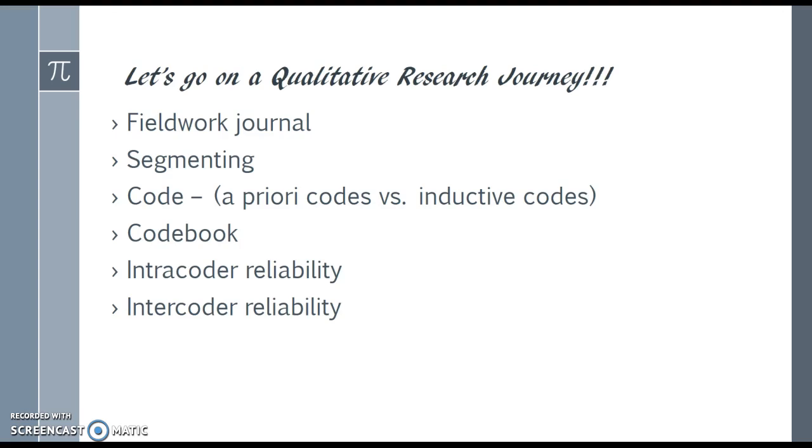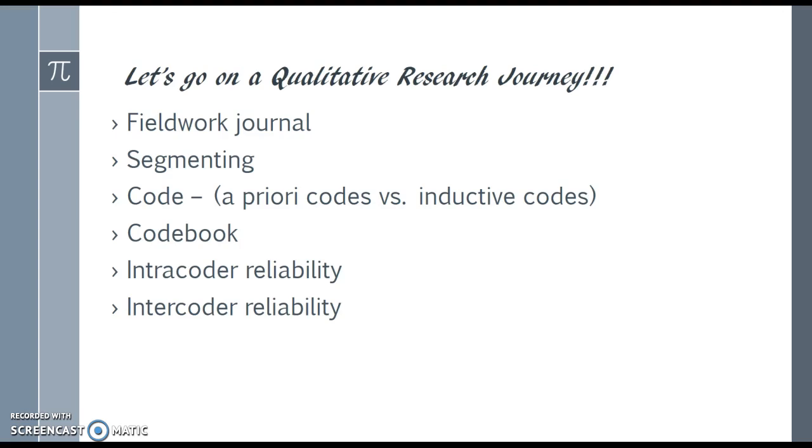Perhaps they look at this as an opportunity to help others, looking at their demeanor, and also the overall kind of responses that they're giving. So it's important to keep that fieldwork journal.